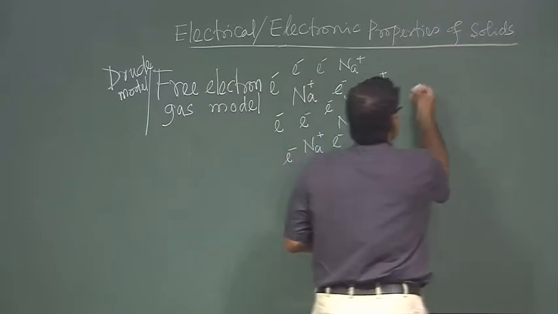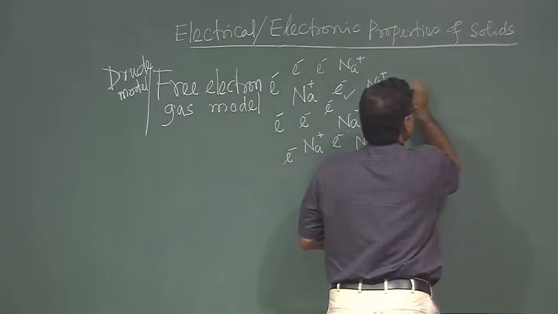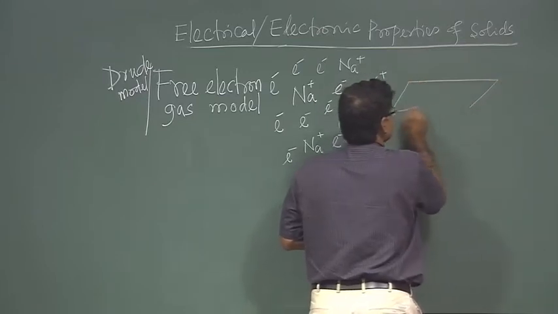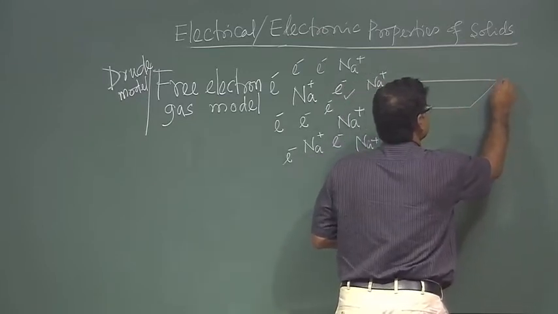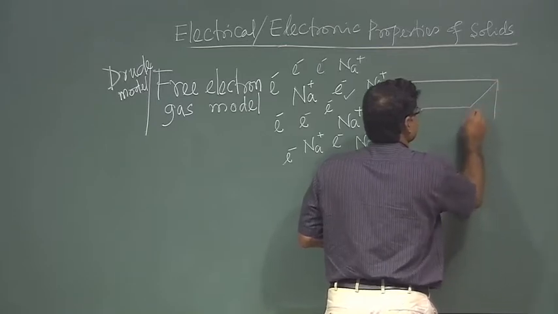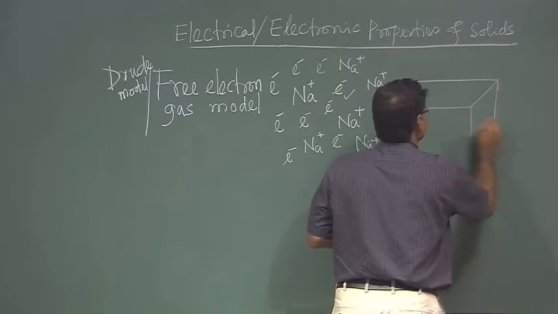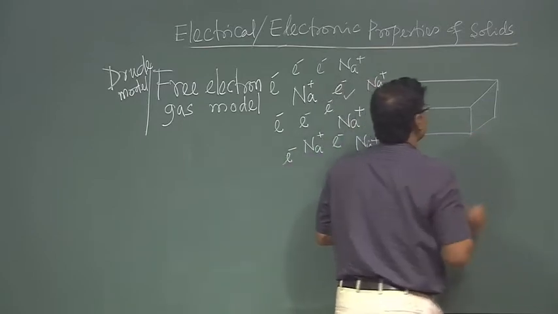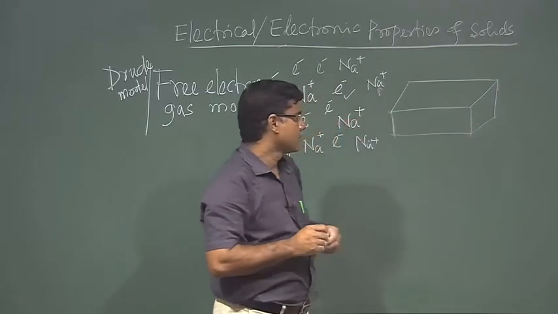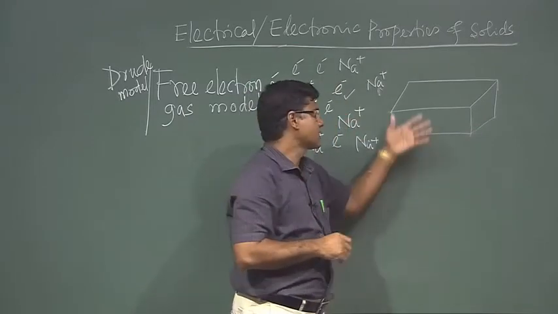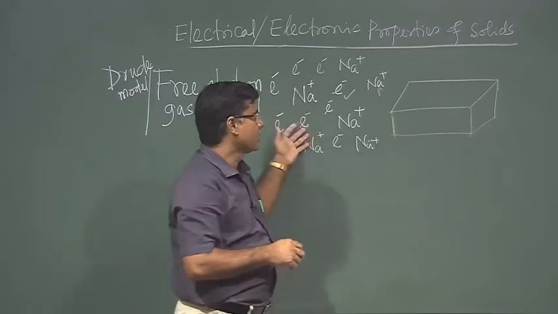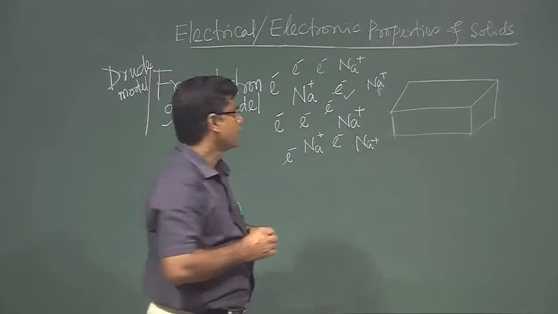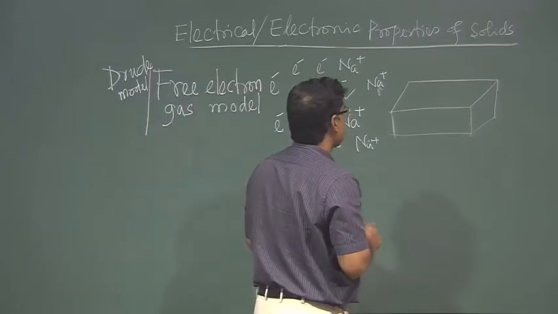So, we have a piece of metal. Now, it is made of either sodium or copper, silver, gold, whatever it is.